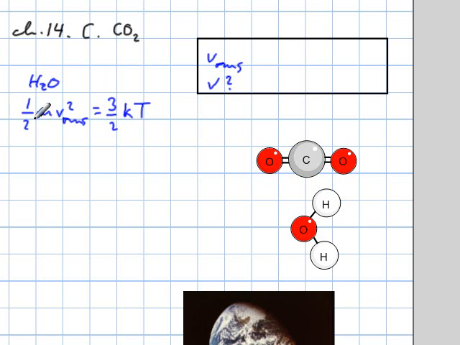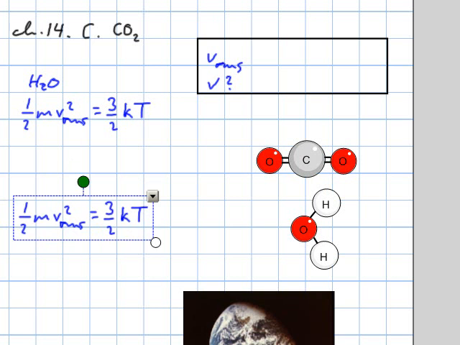So we figure out what the mass is, therefore then we figure out what the temperature is, and then we use the same equation and plug that in for the CO2.